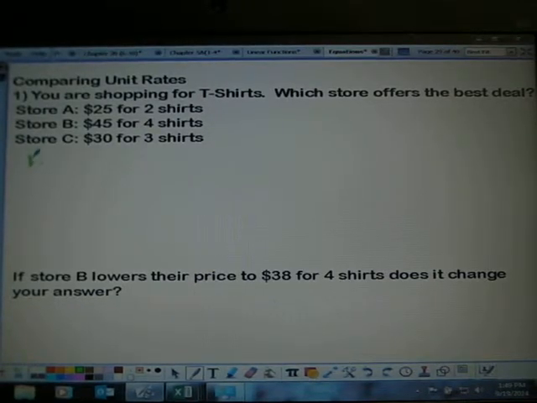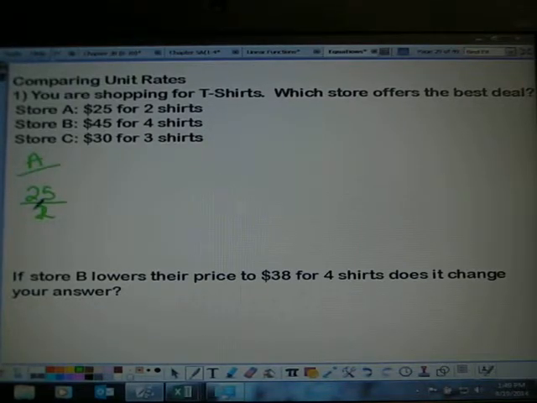So what you want to do, you want to show your work. Store A, $25 for 2 shirts. You want to take this, and basically what's happening is you're reducing that fraction down to 1. So you have 25 divided by 2.